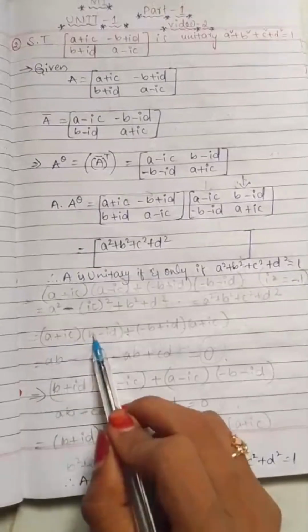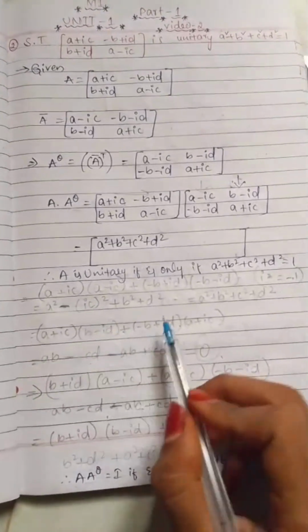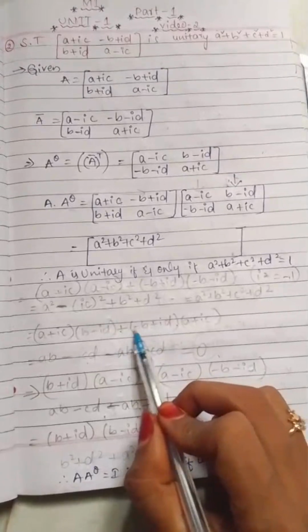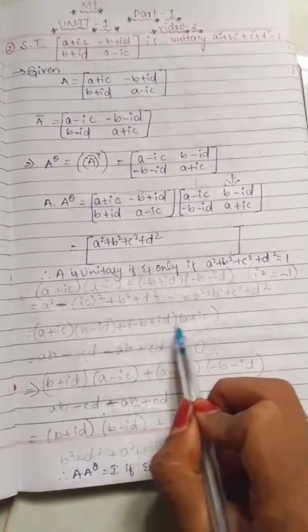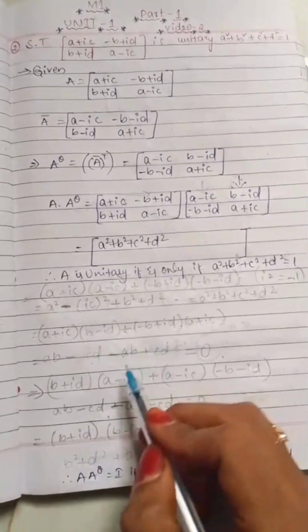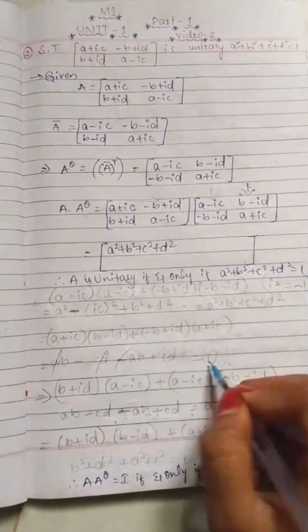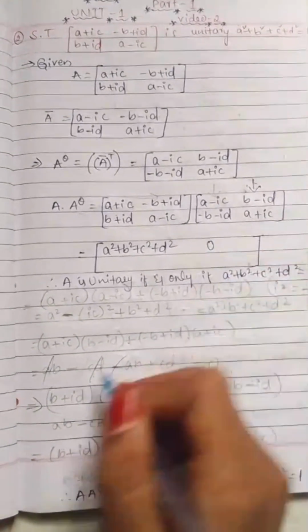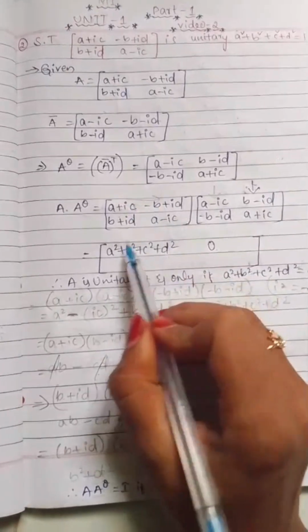Here I will get a into b, ab minus cd. Again plus into minus, a into b, ab, c into d, cd. Here ab and cd will get cancelled. I will get 0. Here I will get 0. Again first row is completed.